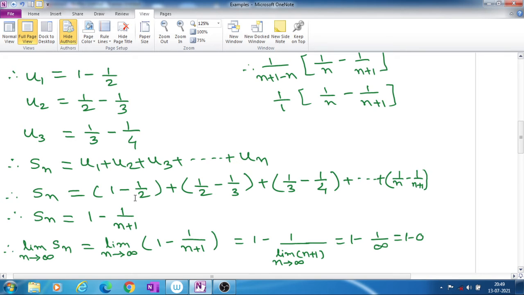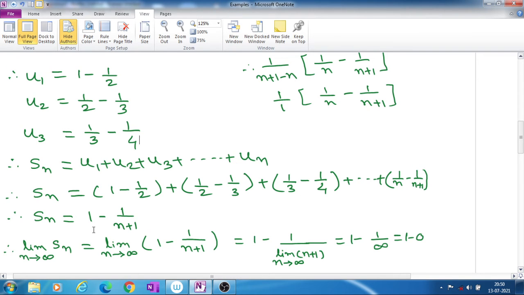But for the first bracket, the first term cannot be cancelled because there is no bracket previous to this, and similarly for the last bracket, the last term will not be cancelled because there is no bracket next to this bracket. Therefore the first term of the first bracket and the last term of the last bracket remain as they are. All the other terms get cancelled.